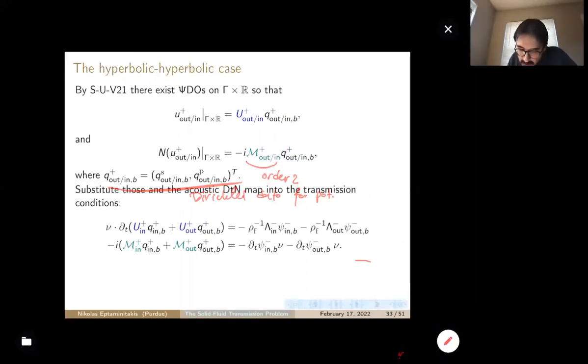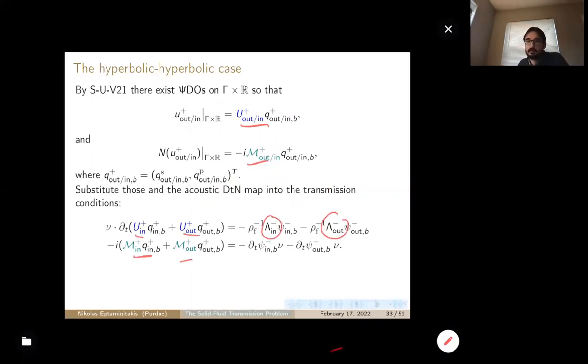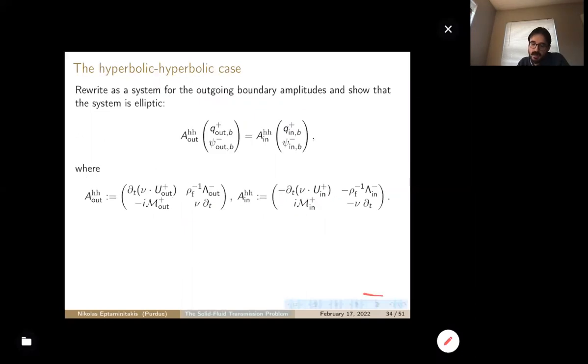Okay, so you take those operators and you substitute into the transmission conditions, and you do the same with the Dirichlet to Neumann maps that we constructed earlier for the fluid. And then what you have to do is you make sure that the outgoing principal amplitudes can be recovered from the incoming principal amplitudes.